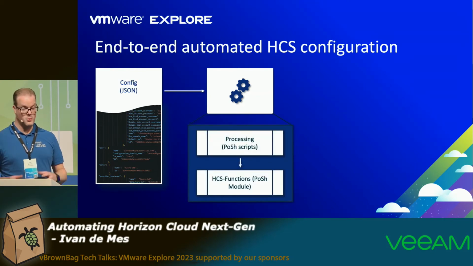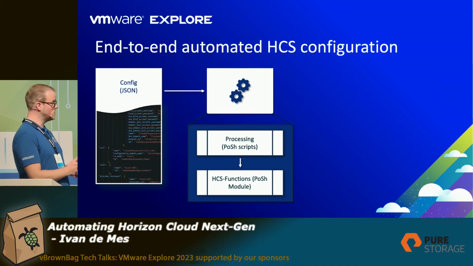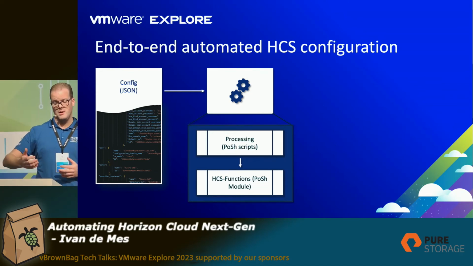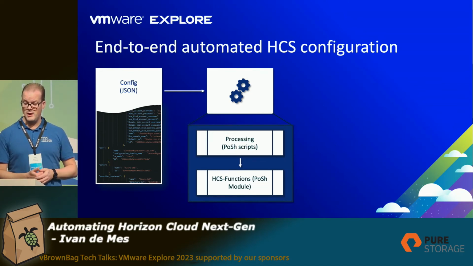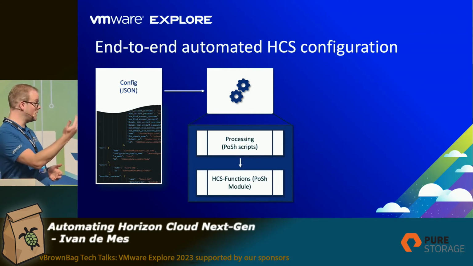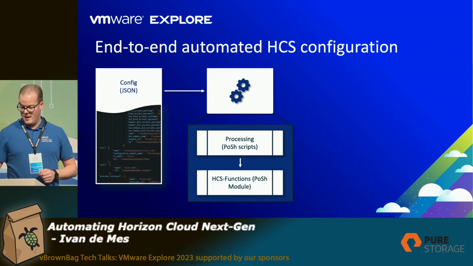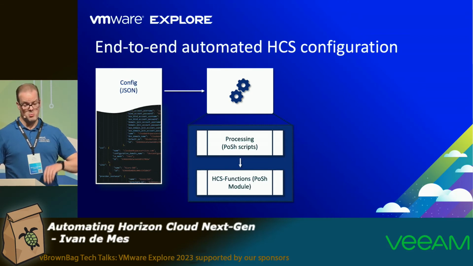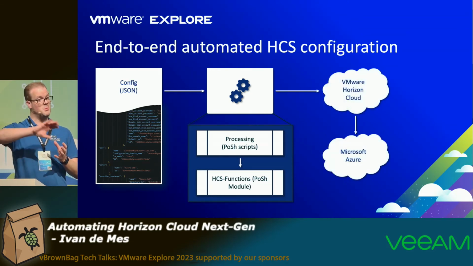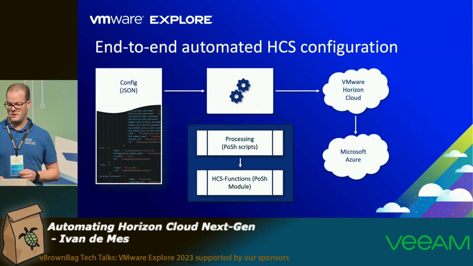So for that, we are using what we call processing scripts, which are PowerShell scripts that again make use of the PowerShell module that I just demonstrated. And once the file is being processed, everything is being pushed as a configuration to Horizon Cloud Next Gen.